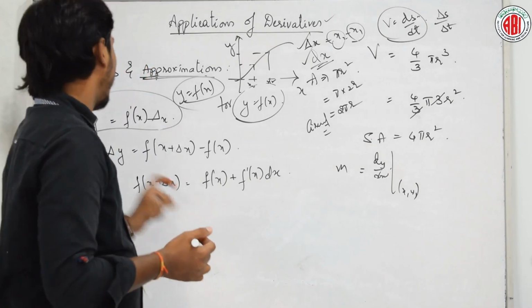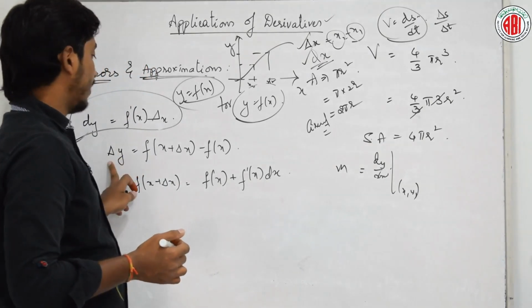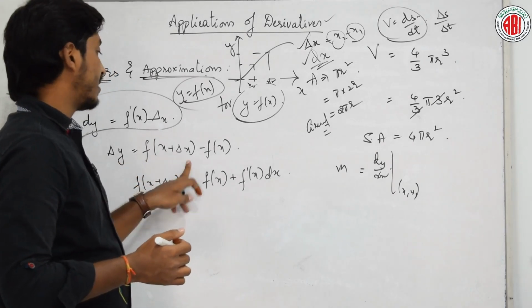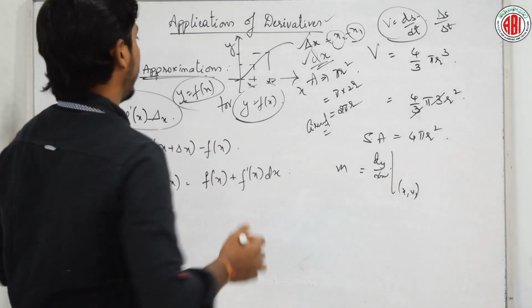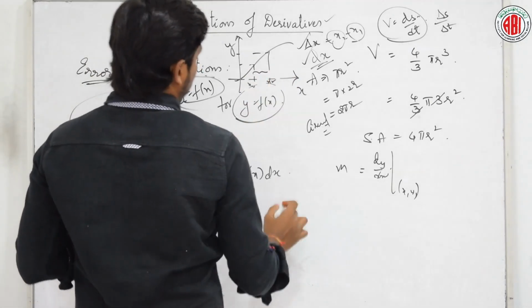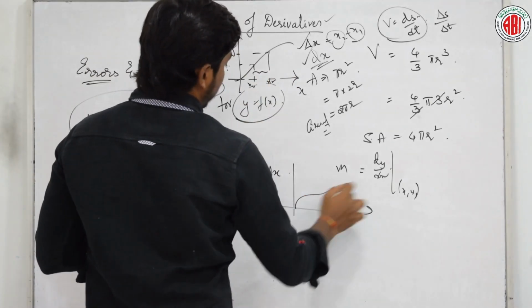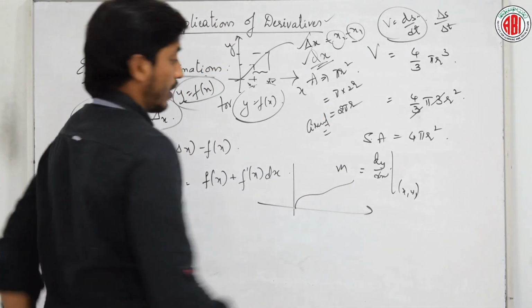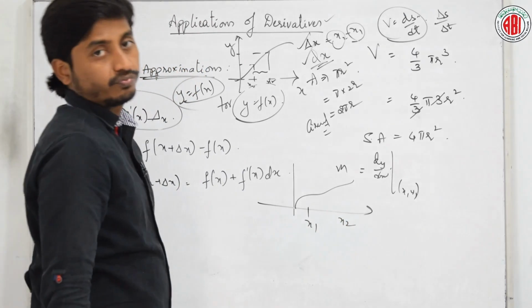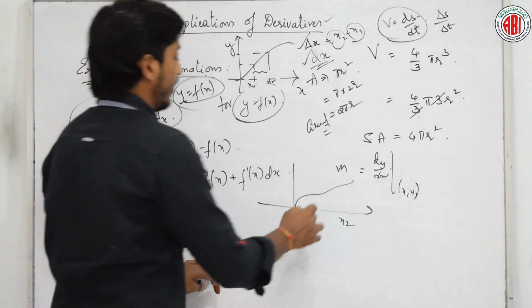Okay, fine. Next, similarly, what is this delta y? That can be written as f of x plus delta x minus f of x. How do we define this? For example, let me draw it again. If this is some function, at this x1 and this is x2, what is the change in between these?